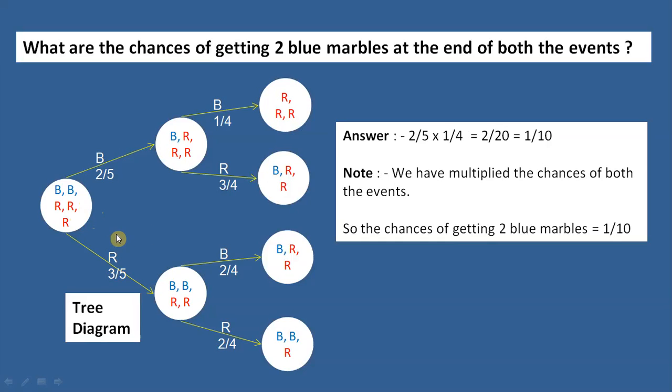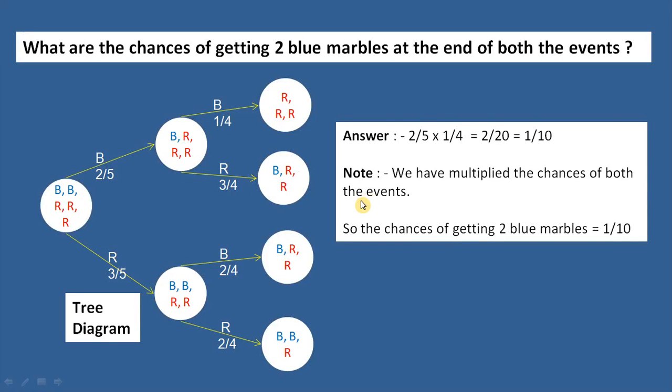Otherwise, if you choose a red marble at the first event, the sample space becomes 2 blue and 2 red. So from this 1 blue and 3 red, the chance of picking a blue marble is 1 by 4, because 1 is the valid chance, and there are 4 outcomes, that is 1 by 4.